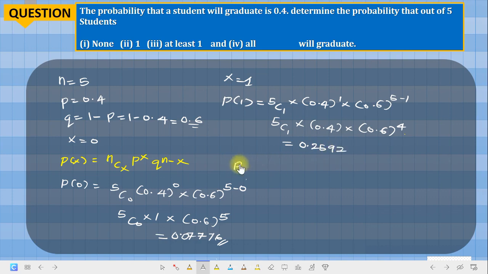Now the next one is the probability that at least one will graduate.